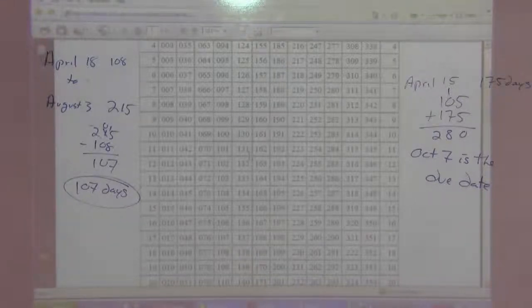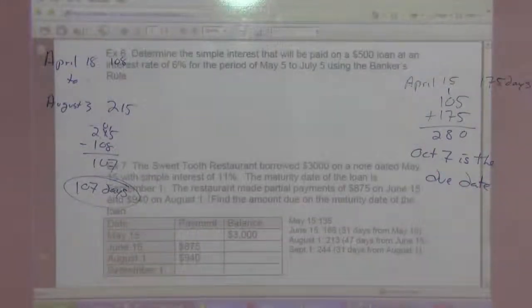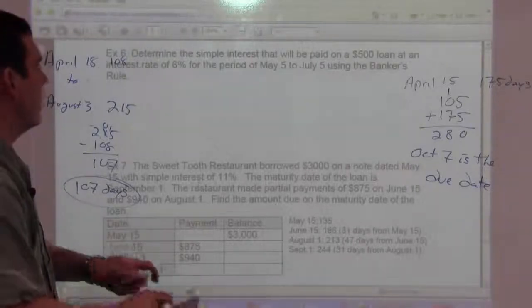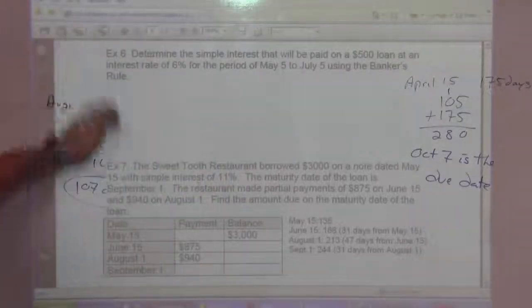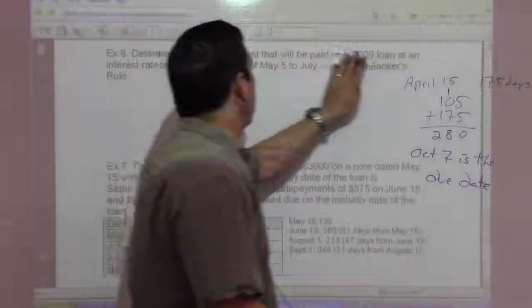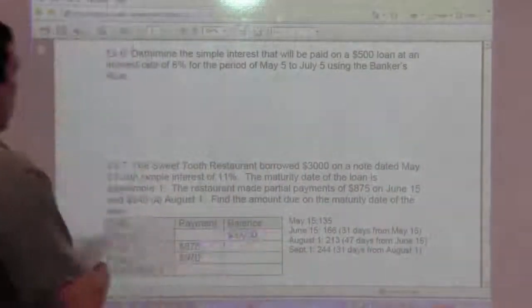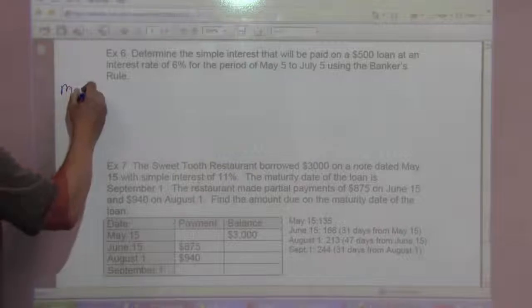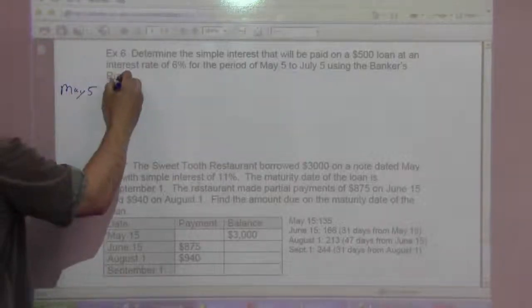Let's go back to the lesson. Example 6, determine the simple interest that will be paid on a $500 loan at an interest rate of 6% for the period of May 5th to July 5th using the banker's rule. Now, May 5th is day 125.